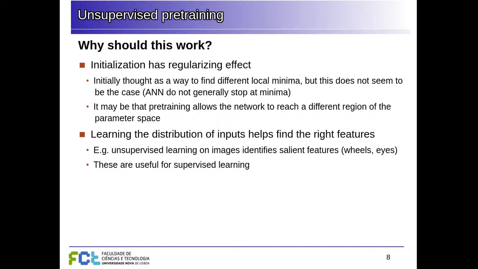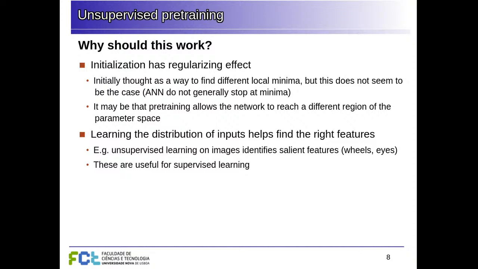But using this kind of initialization, using unsupervised learning for each layer, we had this regularizing effect where we started not at a random position in the space of parameters, but at a different region of the space of parameters, one that was already adjusted to some aspects of the data.